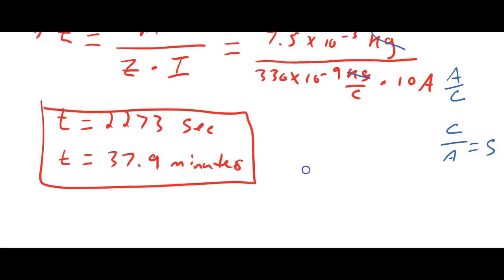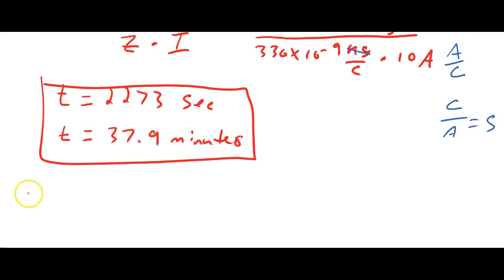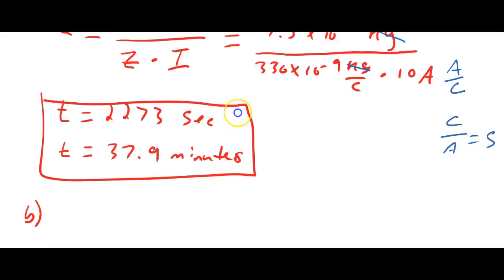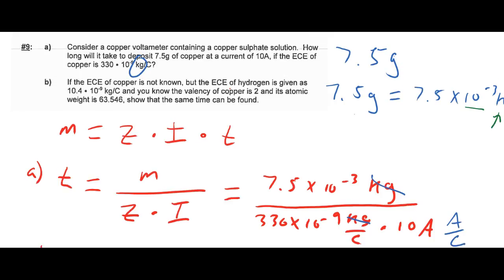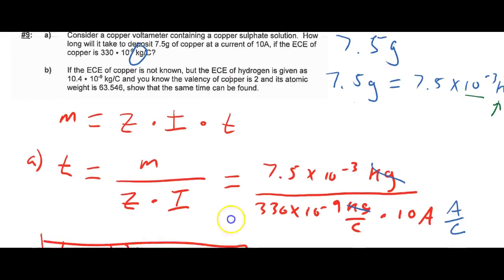Now for part B in this question, we want to show how you can find the time without knowing the electrochemical equivalent of copper. And so the idea is that we can relate it to a ratio of hydrogen using the information given.